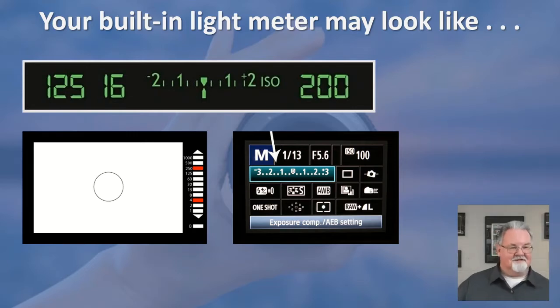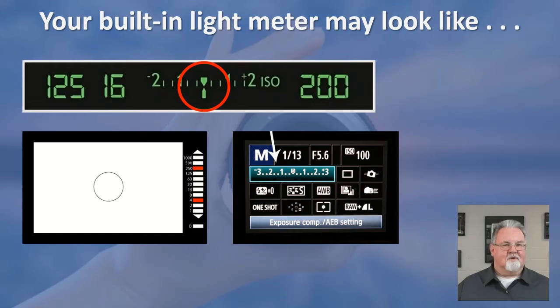So that's some ideas about light meters, but I don't want to just show you what light meters look like. I want to show you what we are looking for in order to get the right exposure, a correct exposure, not too light, not too dark, with our light meters. If you look at where this red circle is, you will see there are two arrows pointing at each other.